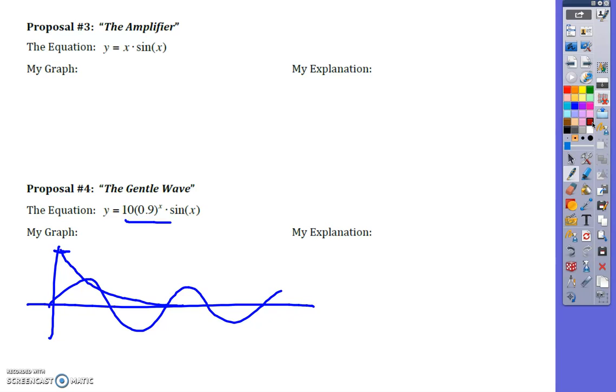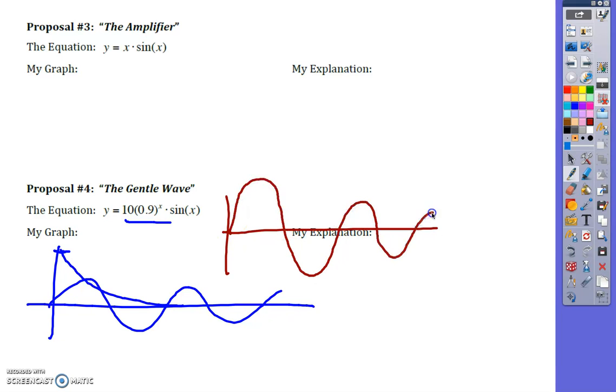And so what I thought, and I did this one on a different graph because it was kind of confusing to put on the same one, is that it would start tall and then kind of zero in on the end, start getting smaller.